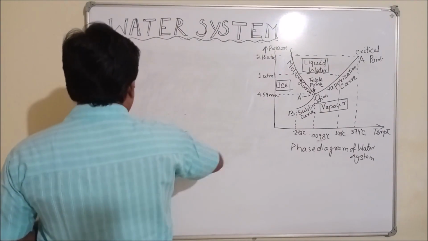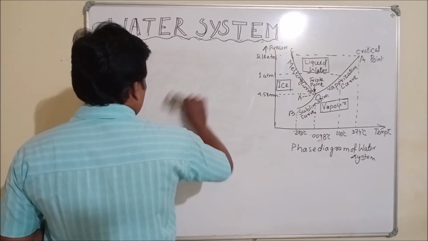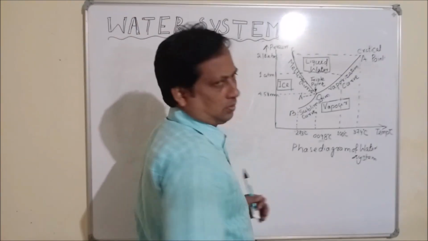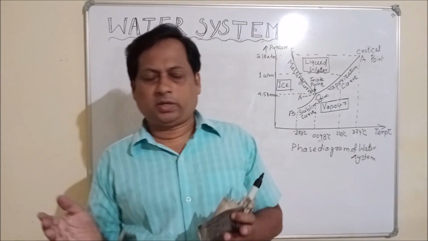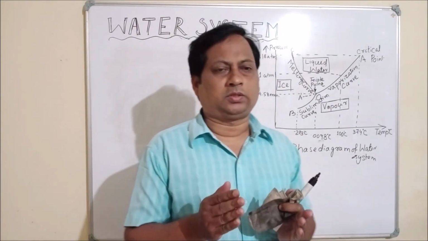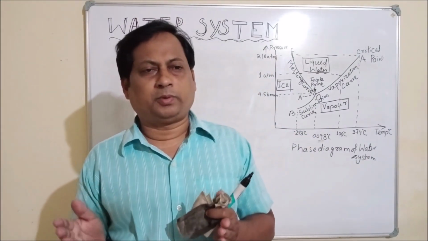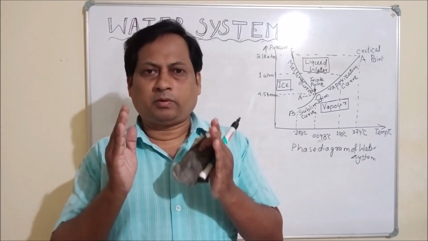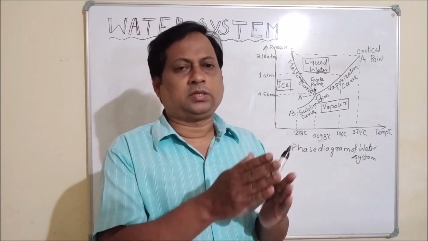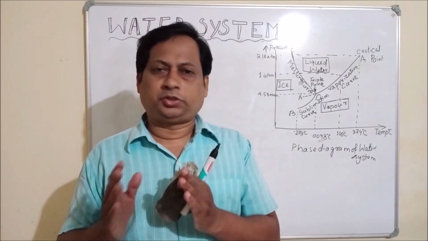Now you can ask about a bicomponent system. A bicomponent system means a system in which the number of components is 2, which can express all the phases of the system.